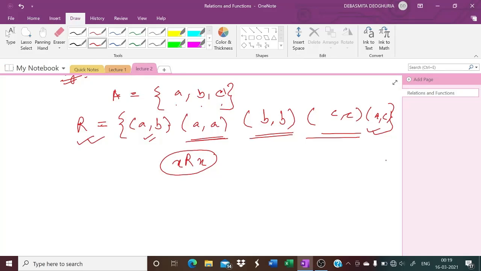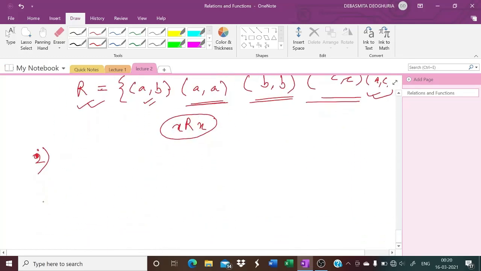Number 2 would be symmetric relation. So what is a symmetric relation? R is called symmetric.